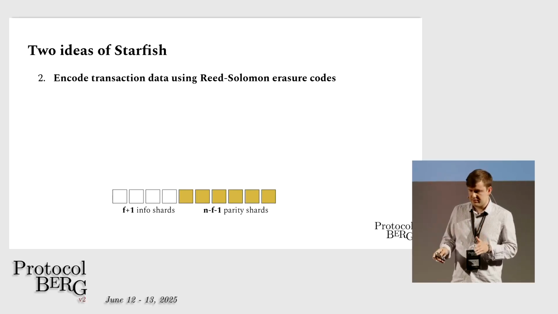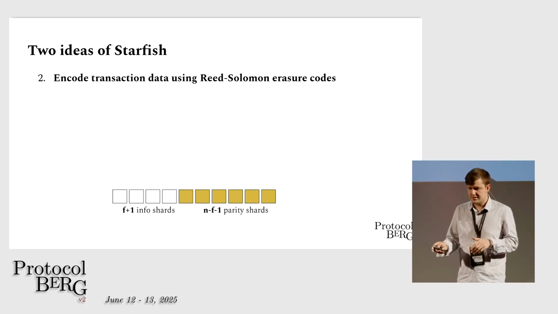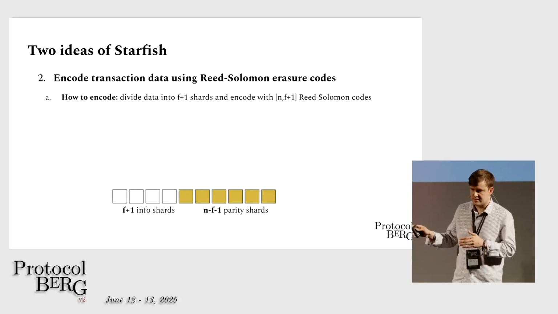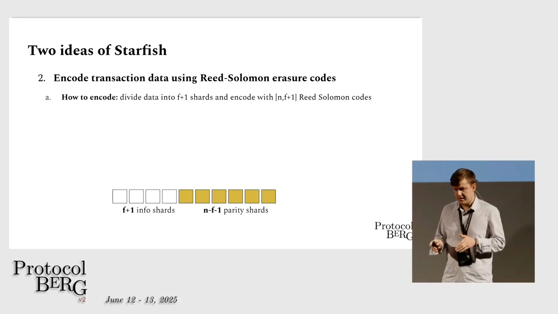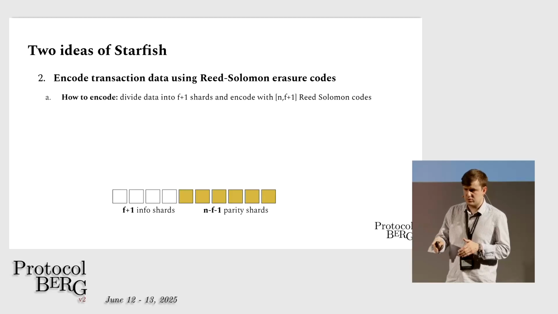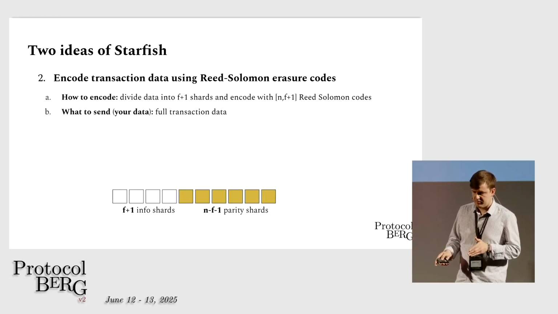Let's say that we have transaction data, we divide it into information shards, and it is encoded into parity shards. So altogether we have n shards, and each validator is then responsible for its own shard, for broadcasting its own shard.